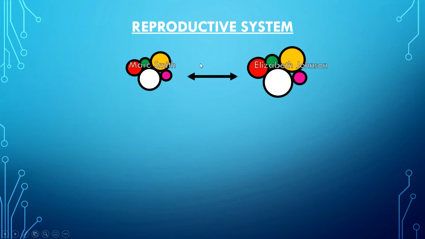Mark Smith wants to do it. They don't need to both have a reproductive system, which is kind of weird, but it's just the one who wants to do it has to have it, and they don't have to be male or female or something. It's just a no gender simulation.